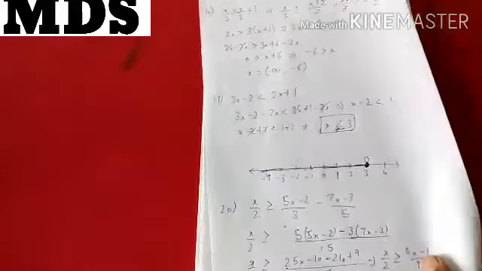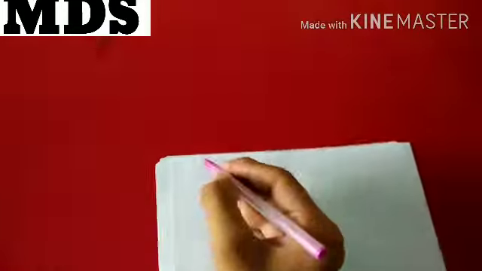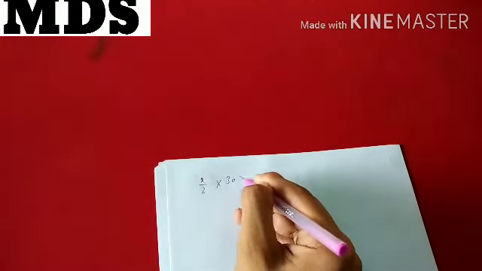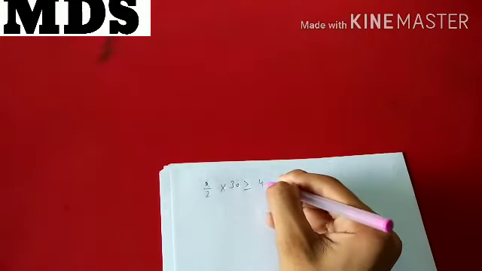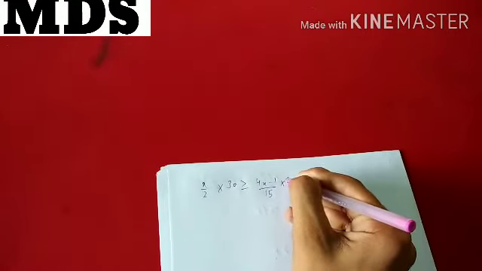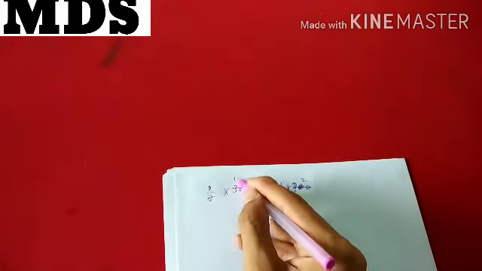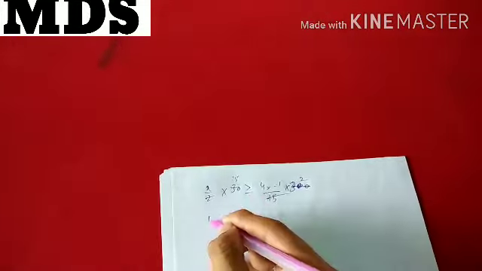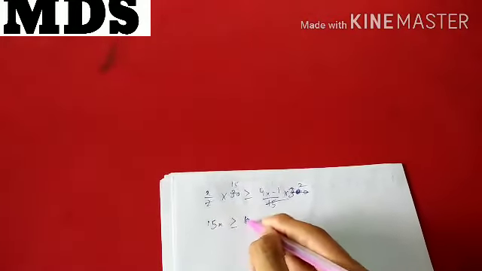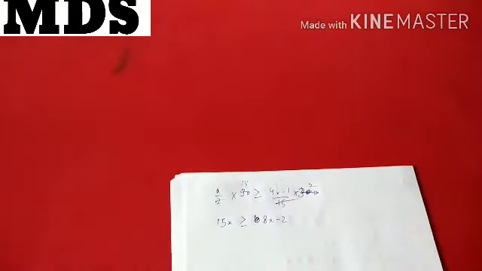And what is that? That is 30. So we will get x by 2 into 30 greater than or equal to (4x minus 1) by 15 into 30. So we will get 15x greater than or equal to 8x minus 2.